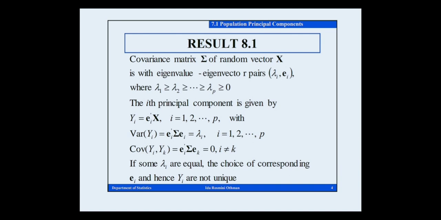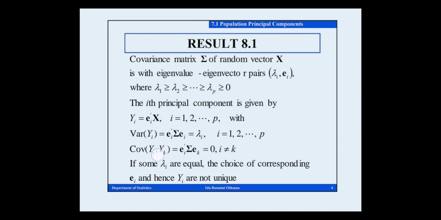Okay, yang kedua, the theorem that you need to know that the covariance between the principal components is always 0. How to prove this? Using this formula. Okay, EI maksudnya variance eigenvector that belong to first principal component.